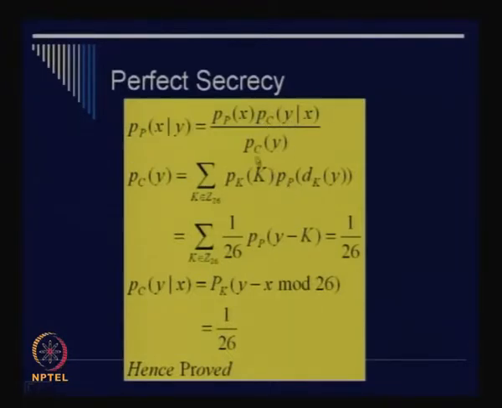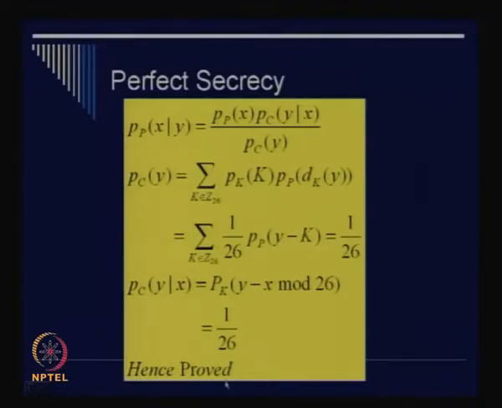So P(y given x) is equal to the probability that the key is equal to (y minus x) mod 26. What is that probability? That is 1 by 26, because we have assumed that each key is being chosen at random, right?